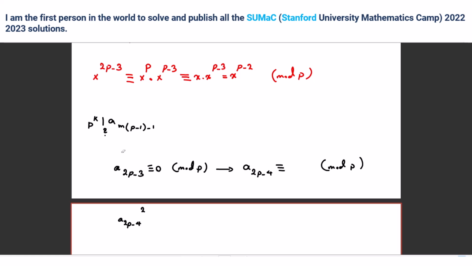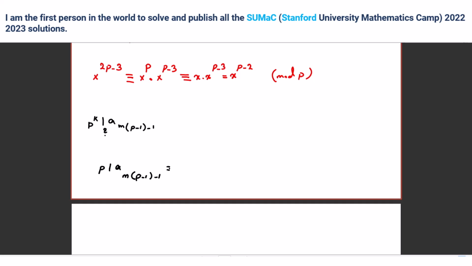Yeah. But in general, if you want to consider previous term of this one, so we know what? We know p divides a_{m(p minus 1) minus 1} minus 1. And we know it is a_{m(p minus 1) minus 1} minus 1 to the m minus 2, m(p minus 1) minus 1 minus 1, right? Yeah. And it's 0 mod p.